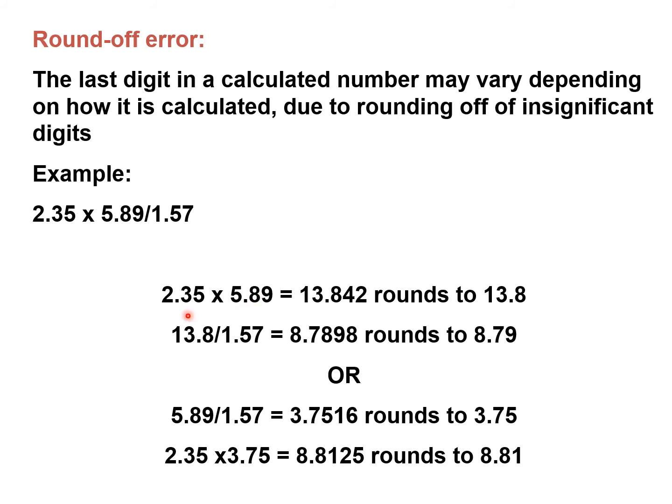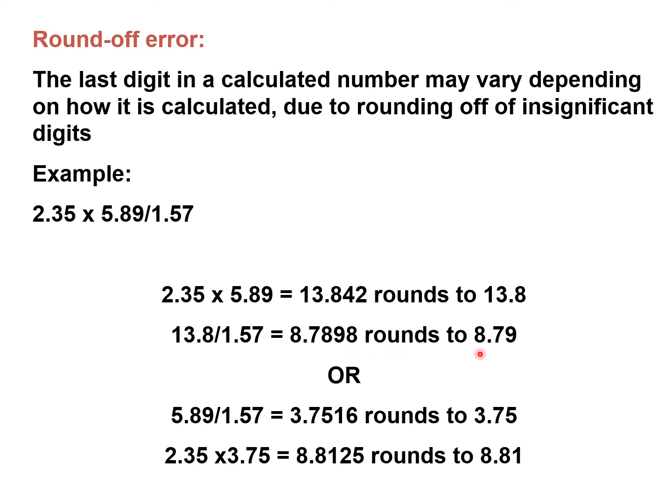If you multiply 2.35 times 5.89, then you will get 13.842. And after you round it off, it becomes 13.8.